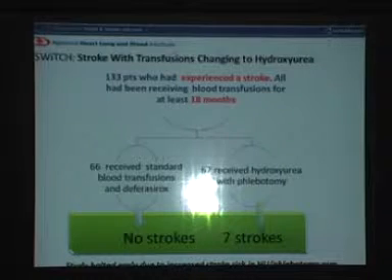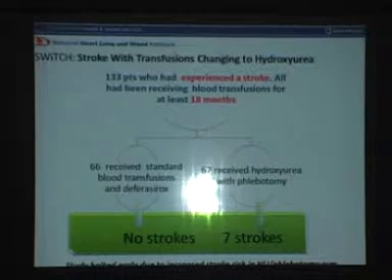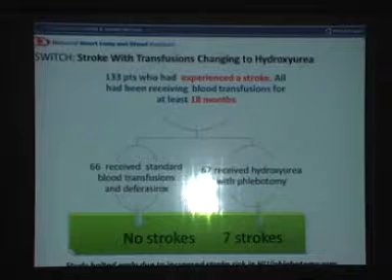Then, of course, there were some doctors who had noticed that their patients on hydroxyurea did well without having stroke. So it was thought that maybe if you could switch some patients from transfusions to hydroxyurea, you could keep them from having strokes.